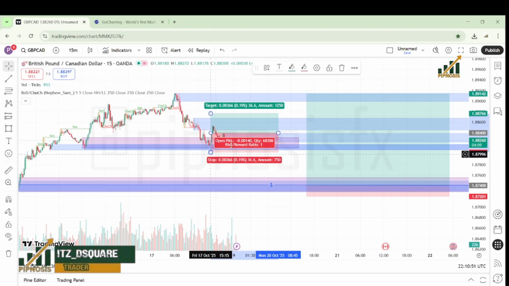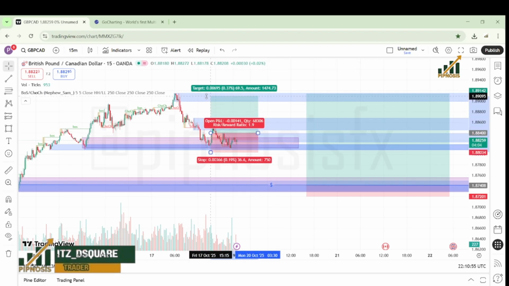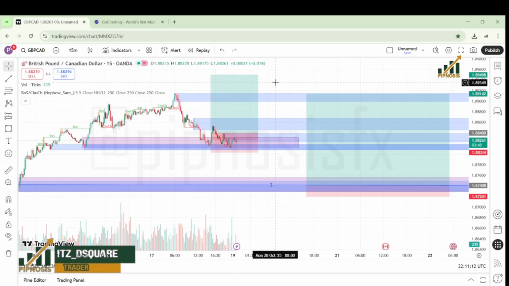My SL was below here, and I was also aiming for this high, because I know it was around a 1:3. I was aiming for a 1:3, which is this. So I think it's still playing out.